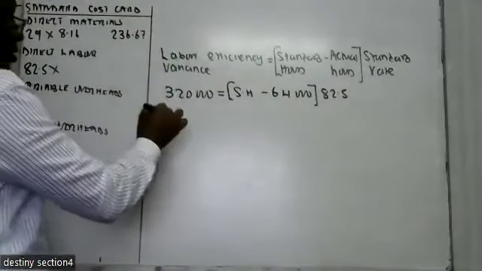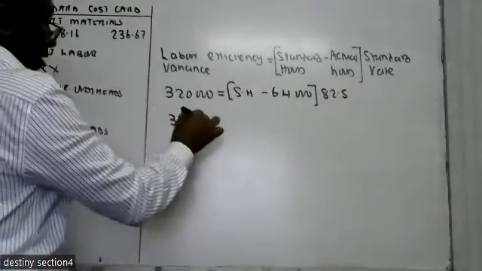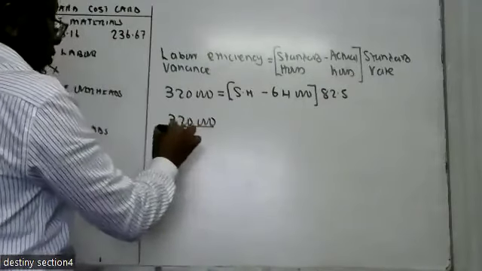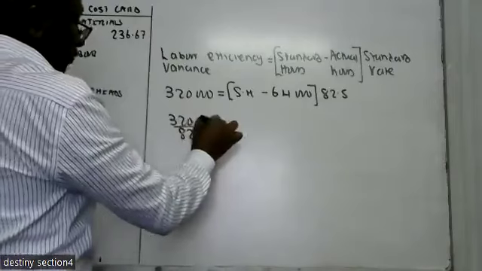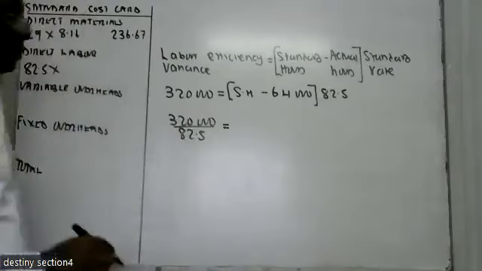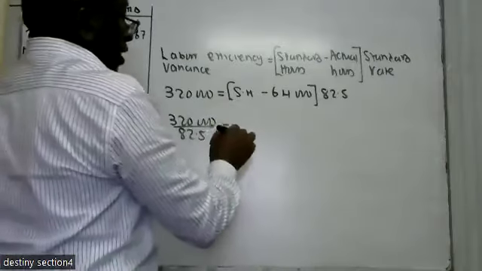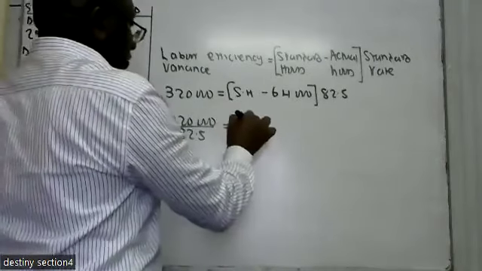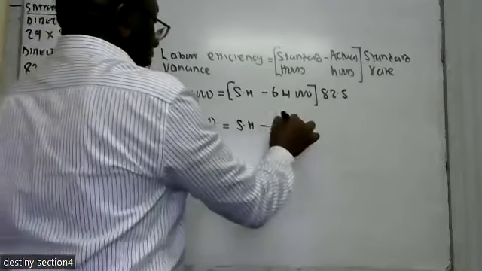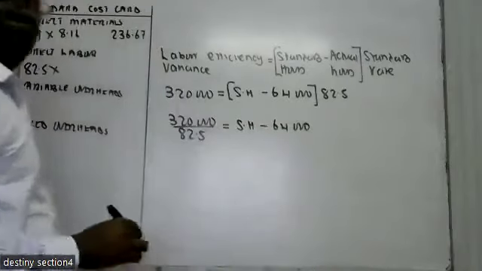So proceeding, we say 320,000 divided by 82.5 equals standard hours SH minus 64,000.